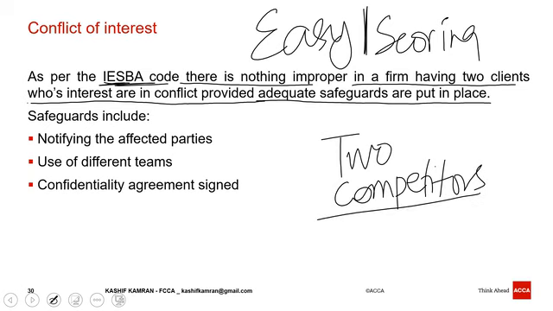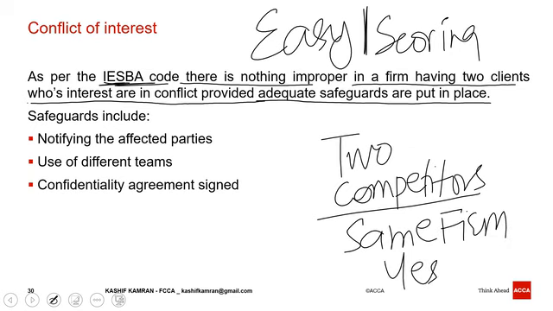Obviously, the code of conduct is saying yes, there is nothing improper. So can the same firm do audit of two competitors? The answer is yes. And yes means provided we have safeguards. So you need to tell examiner that a firm can provide audit of two competitors provided we have adequate safeguards.